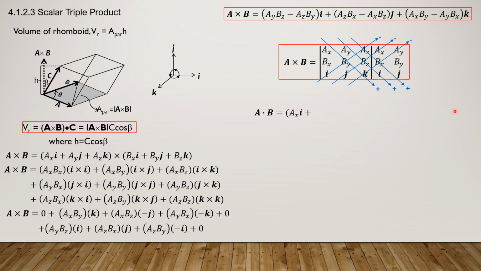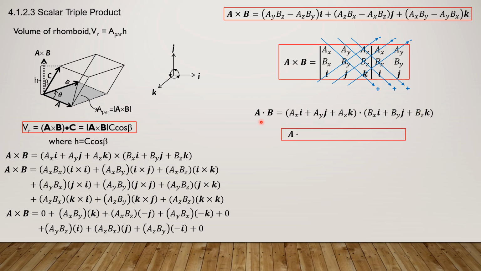So that's it, the expansion. A dot B, on the other hand, is (AXI plus AYJ plus AZK) dot (BXI plus BYJ plus BZK). Remember that the product of a unit vector with itself is 1. The product of a unit vector with another orthogonal unit vector is 0.